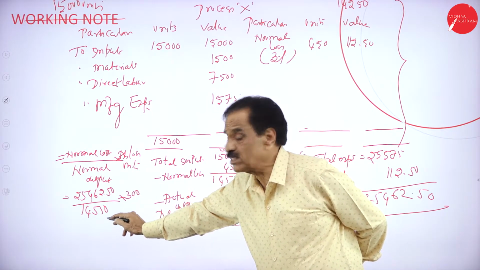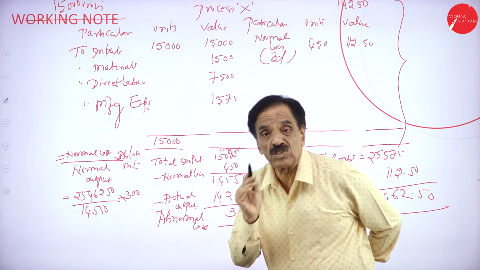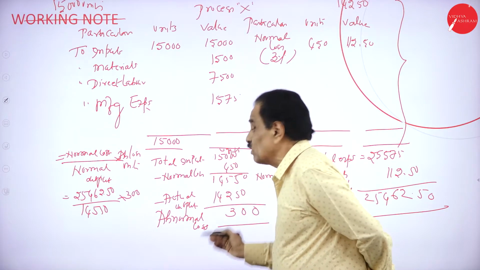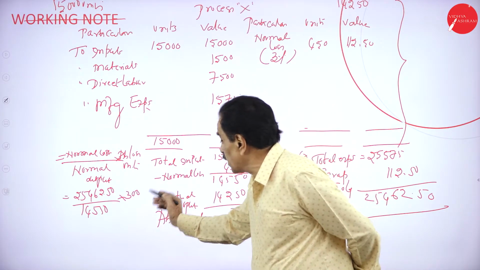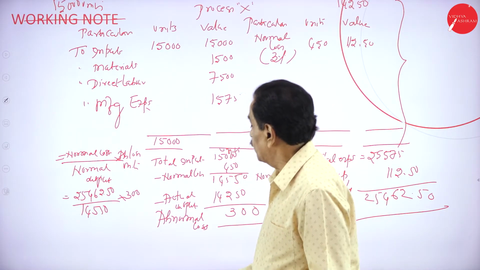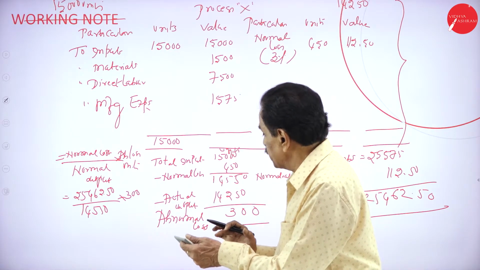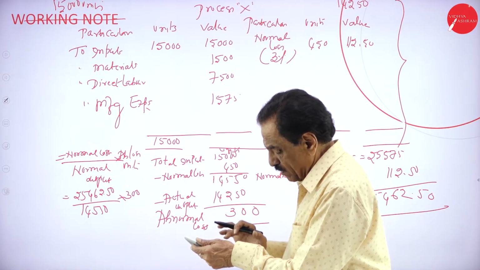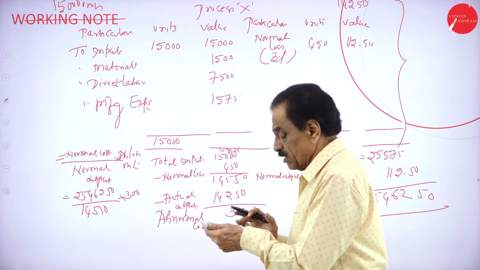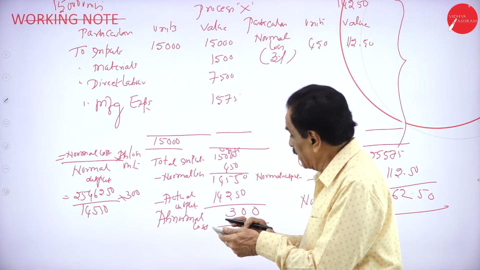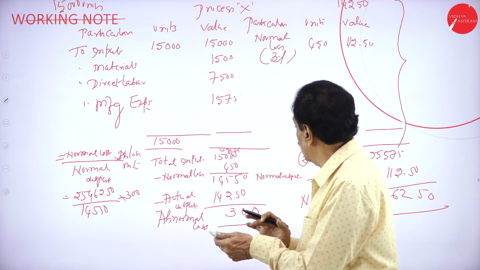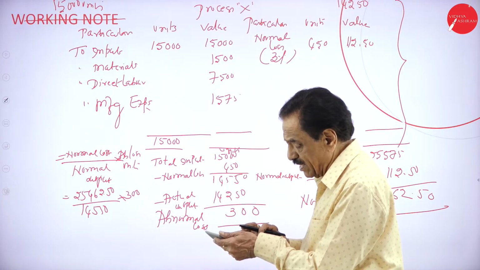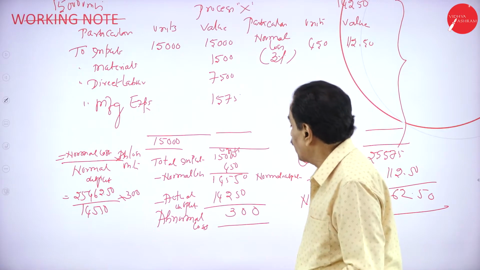What's your normal cost? 25,462.50 divided by your normal output, 14,550, into abnormal loss, 300. So, we'll go with this now. 25,462.50 divided by 14,550 into 300 comes to 525.